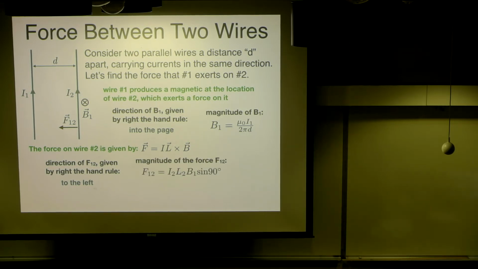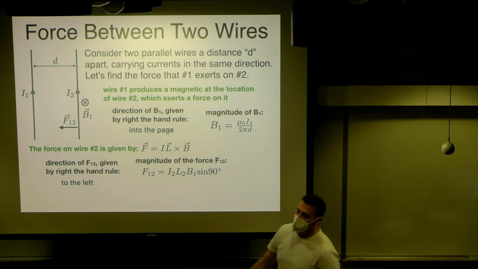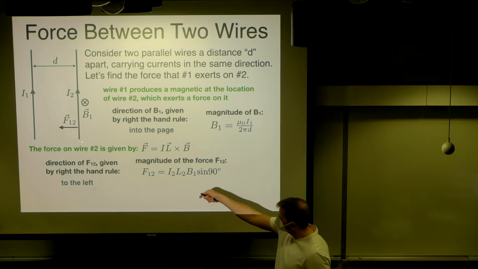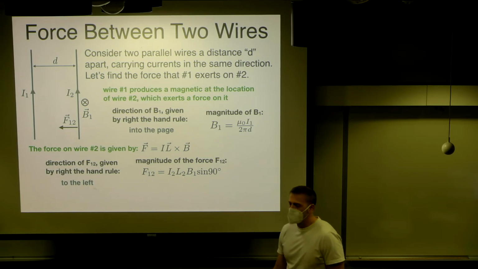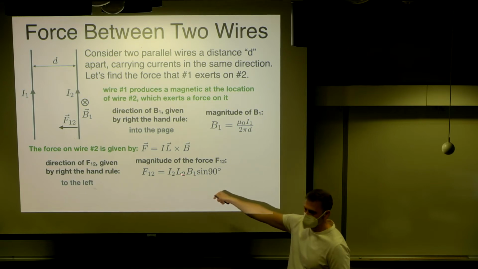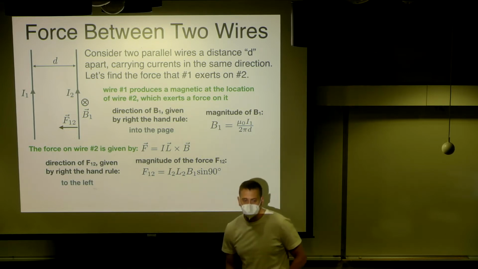Now let's work out the magnitude. Well, the current that goes in this formula is now I2, because that's the wire we want to calculate the force on, okay? The length is whatever the length of that second wire is, I'll call that L2. But the B field is the one that's created by wire number 1, that's labeled B1, okay? What's the angle between the current here and the B field? It's actually 90 degrees, right?